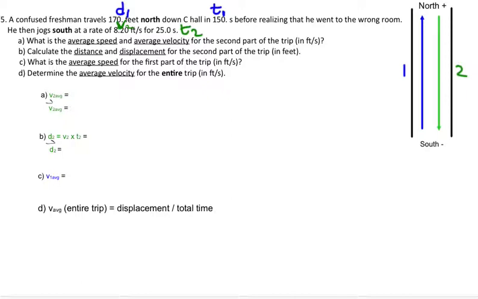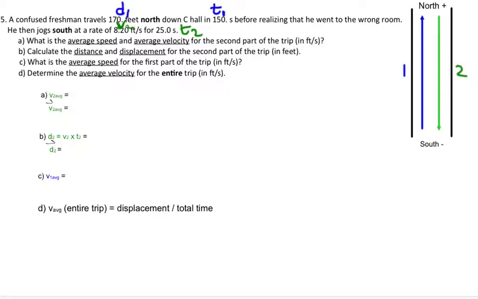So the trip up is trip 1, the trip down is trip 2, and I labeled my variables accordingly. So 170 feet north, I called distance 1. 150 seconds running north, I called time 1. When he changes direction and jogs south, he runs at a speed of 8.20 feet per second, and he does so for 25 seconds. So that was V2 and T2 respectively.